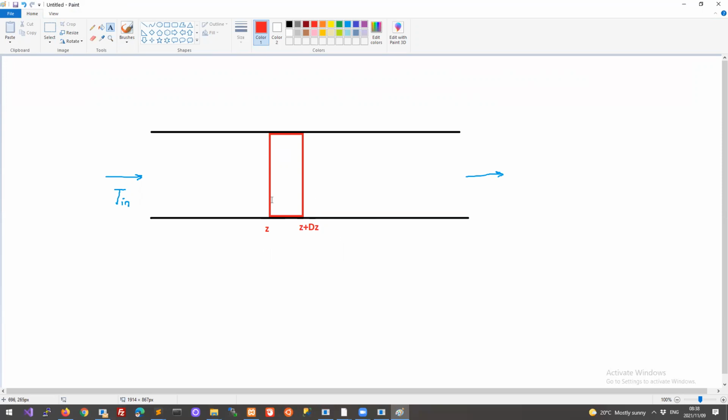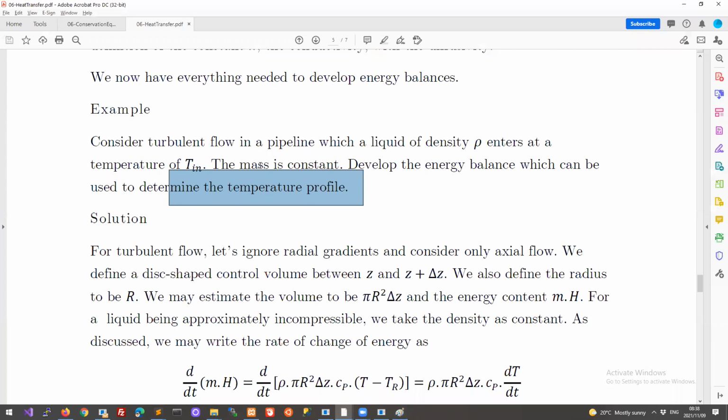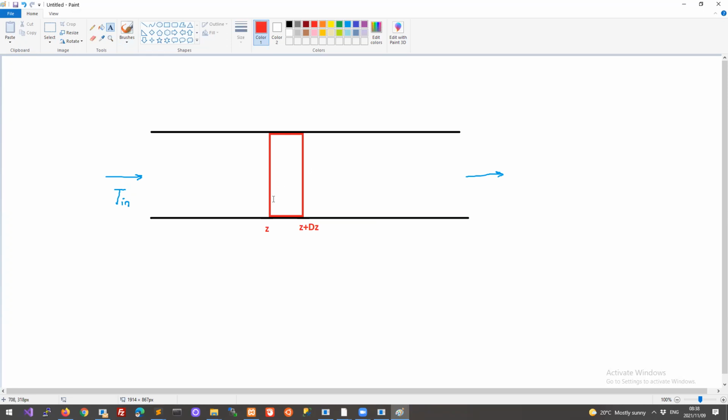And then we can think about the other directions. The radial direction, right, we don't expect to have any radial gradients because the problem says this is a turbulent flow. So this is a stream in turbulent flow. So because there's turbulence, then radially it will be pretty well mixed. So we don't expect temperature to vary this way.